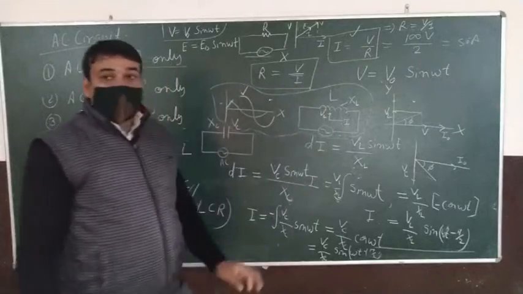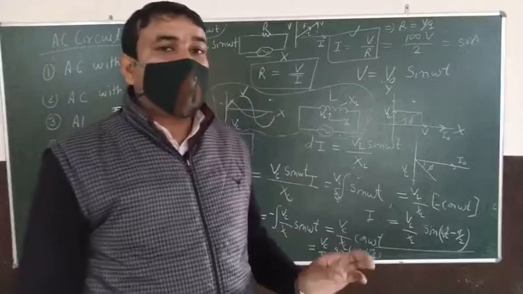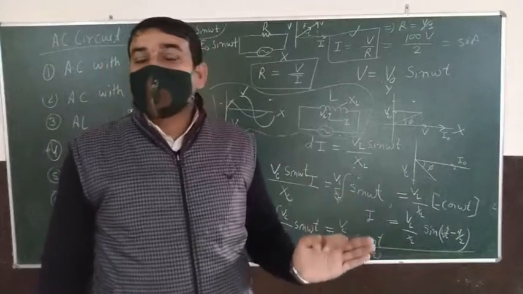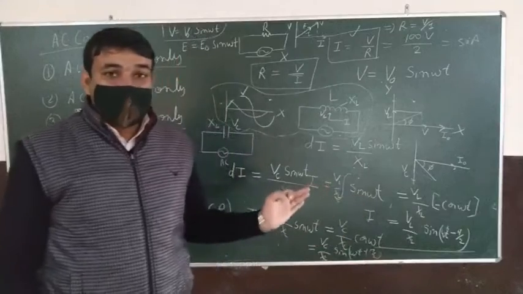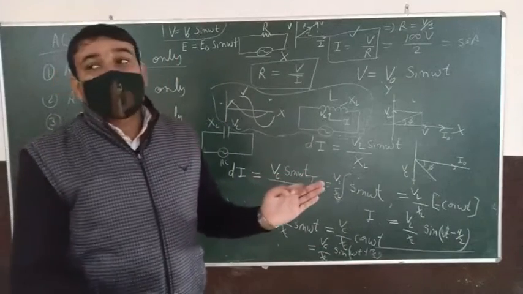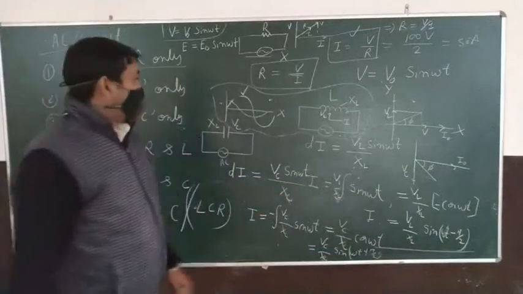And in the last class we studied that when the inductor is introduced in the path of AC current, then the current always lags behind the potential.